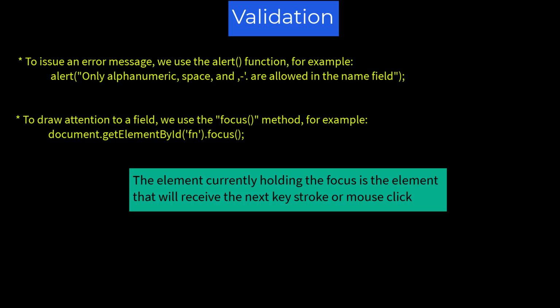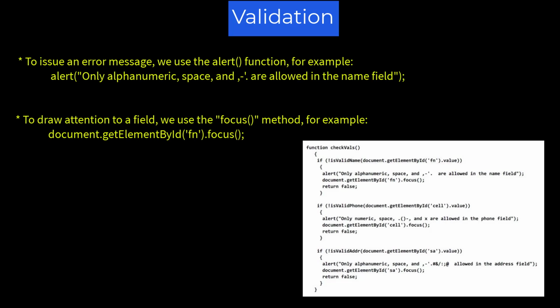So let's add a message and then set the focus for each error. So here we have modified our checkVals by adding an alert and a focus method invocation for each of the 3 checks. Notice that since the true path of the if statements now has multiple statements, these statements must be set off in braces.